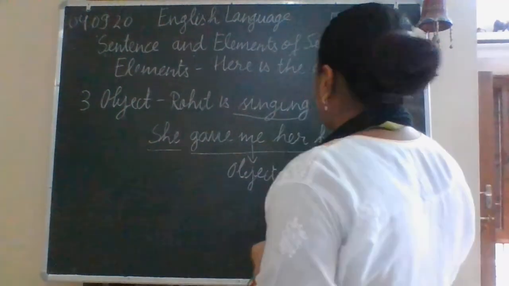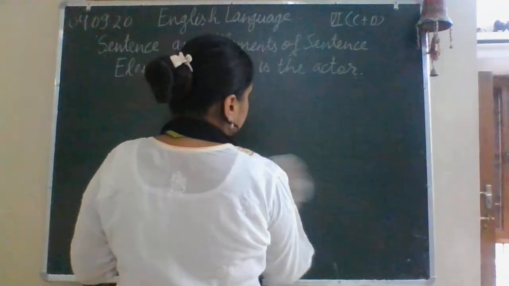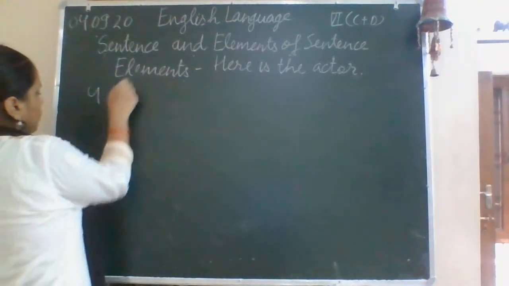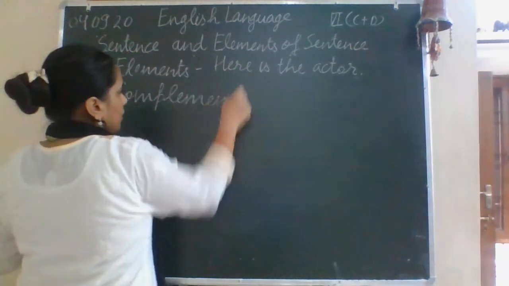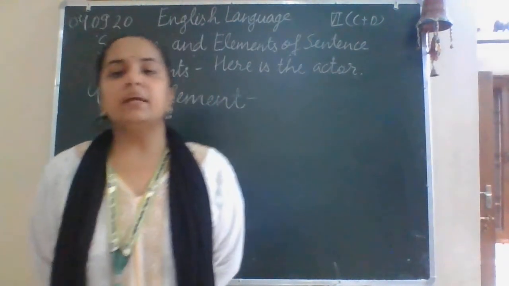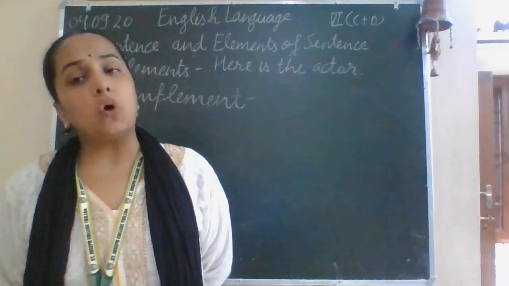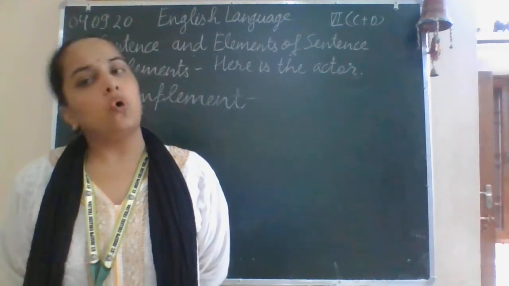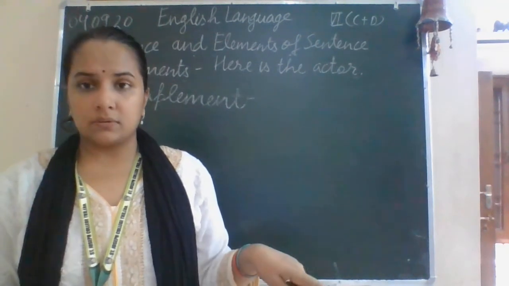Now, the fourth and the last element of the sentence is the complement. What is a complement? A complement is a word or group of words that follows a verb and describes a noun or pronoun that comes before it.